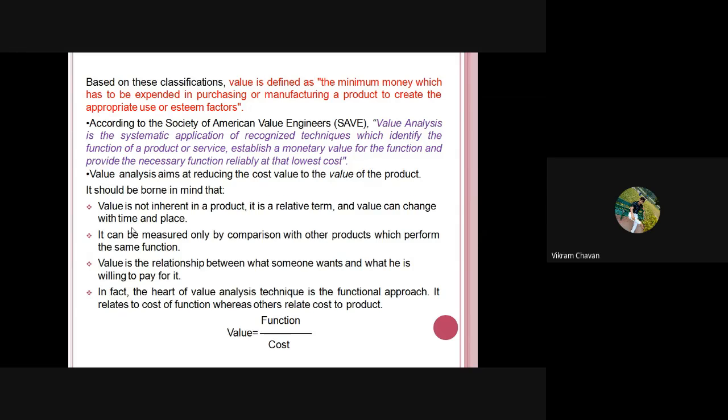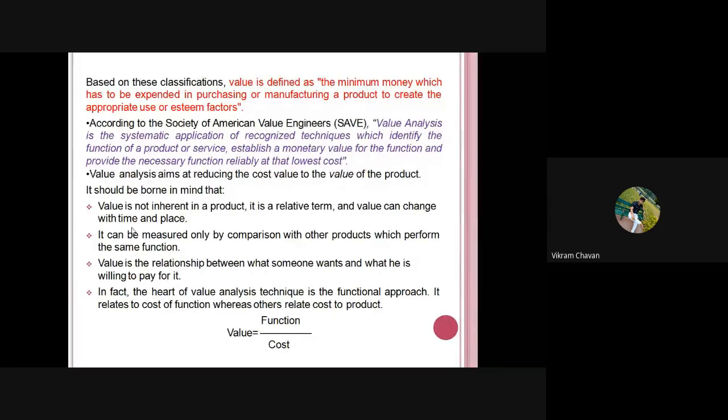Either they have to provide more functionality at the same cost in the same product, or the industrialist needs to reduce the cost of the product. For that purpose, value analysis needs to be carried out. Value analysis is useful to reduce the cost of the product.